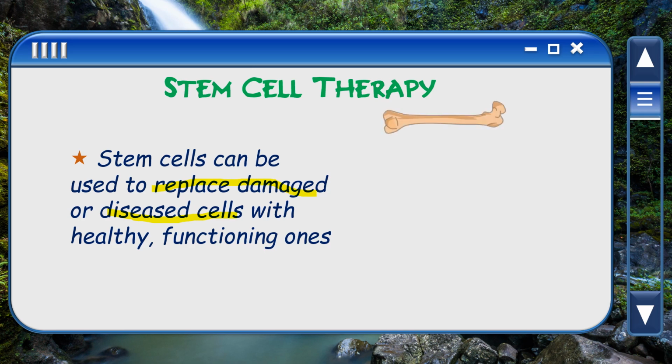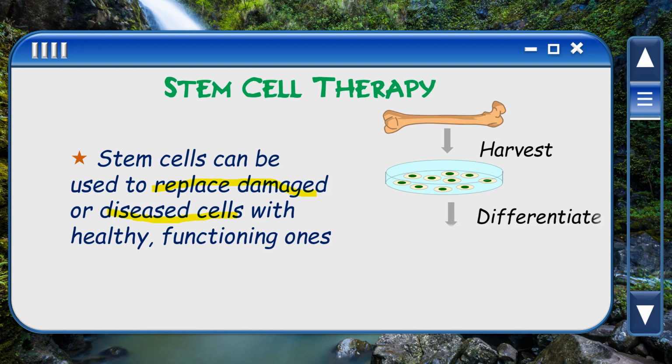When the stem cells are harvested from the long bone and put in the laboratory, they can be made to differentiate into red blood cells. And these can now be implanted.